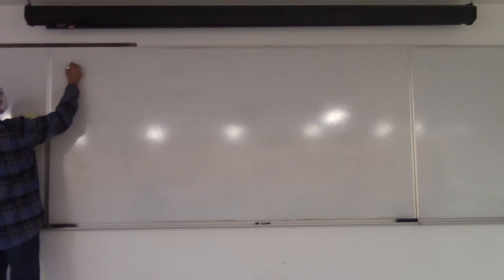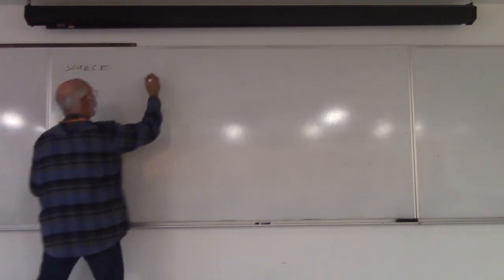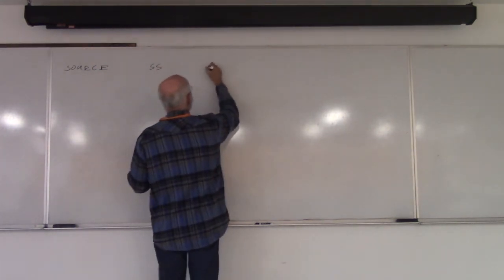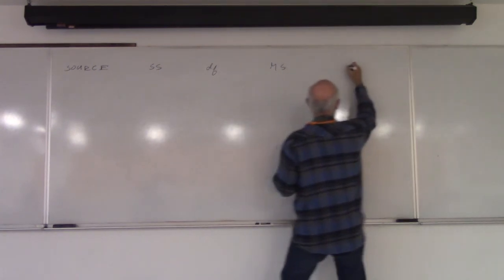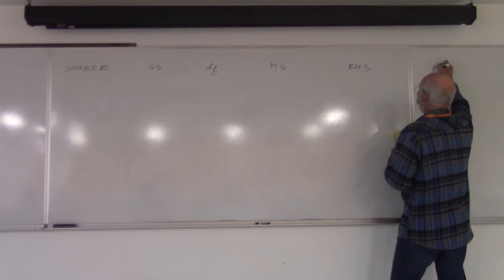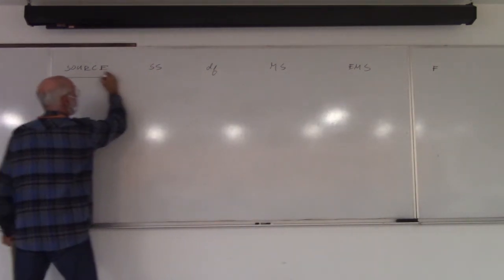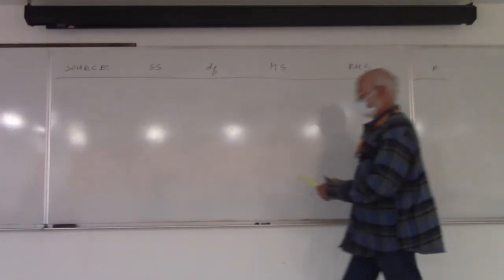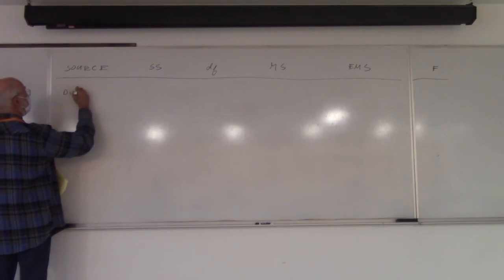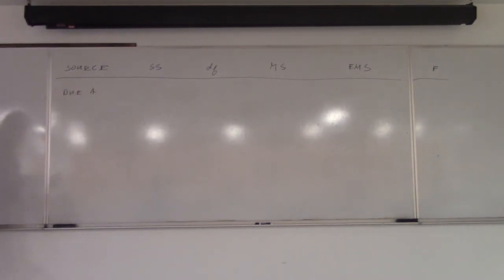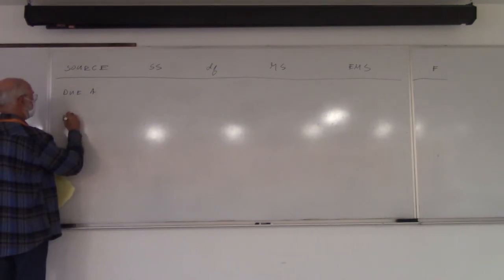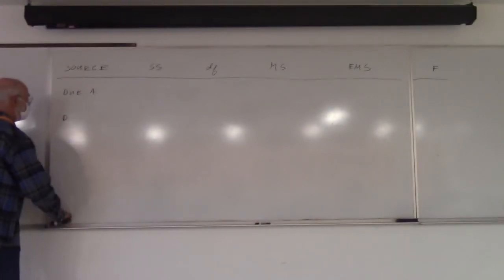We have source, and I have sum of squares, degrees of freedom, mean square, expected mean square, and then F. Source is: treatment A, which was fertilizer level; B, which is C type; then AB; then error or residual; and then total.